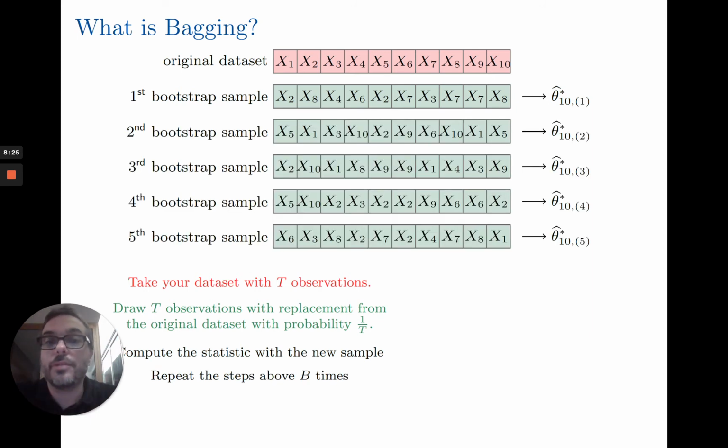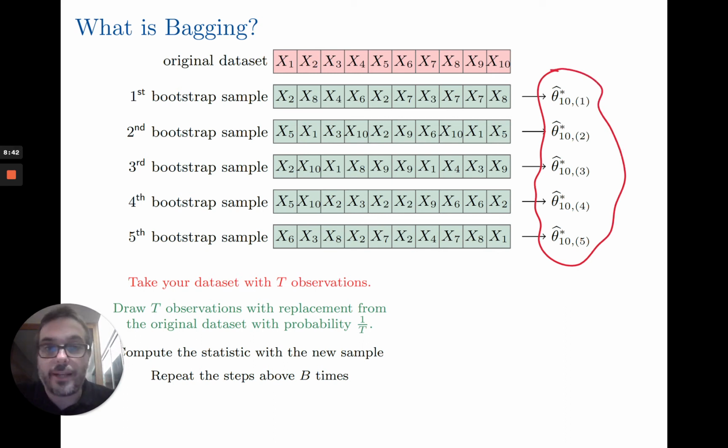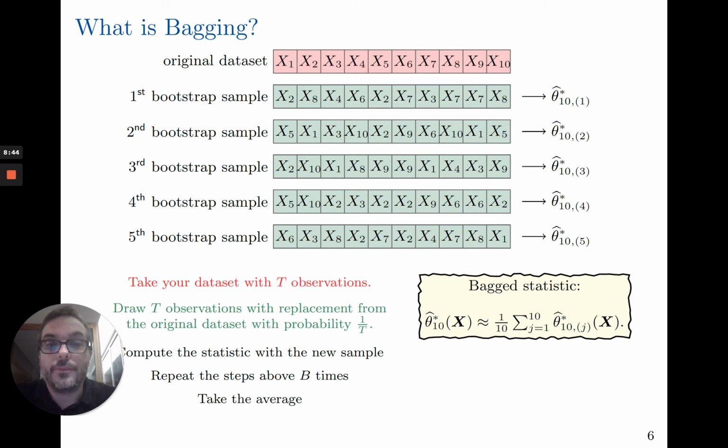For the second bootstrap sample, we have theta star 2, the third one, the fourth. Here we have 5 bootstrap samples, and we have 5 different values of our statistic. What we are going to do next is take the average. That's our final estimate.